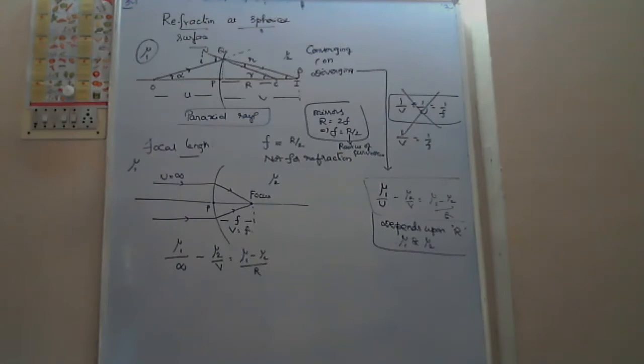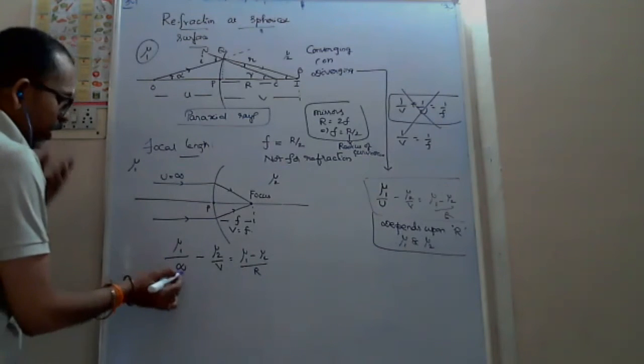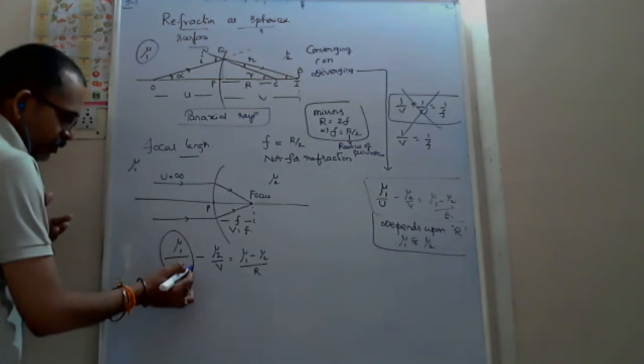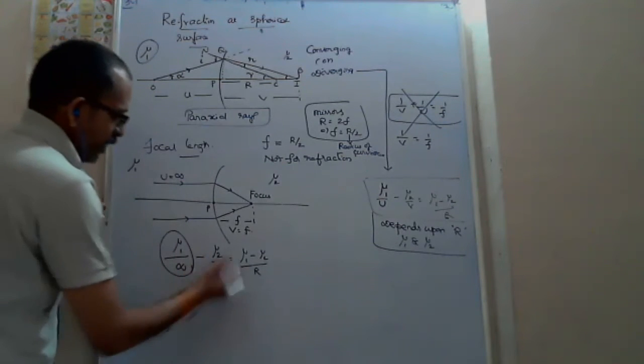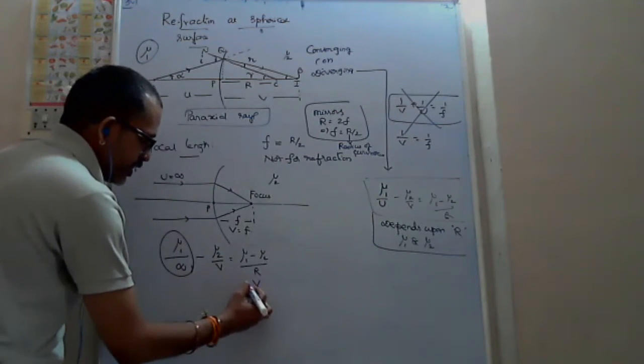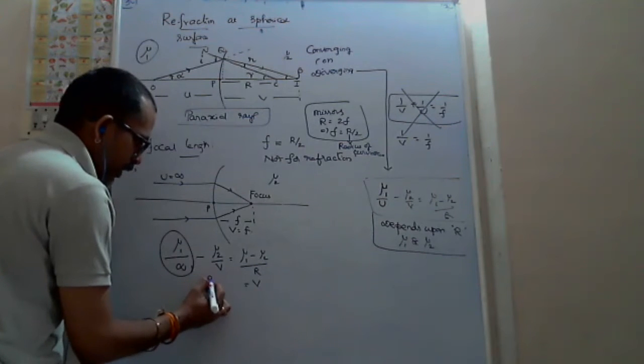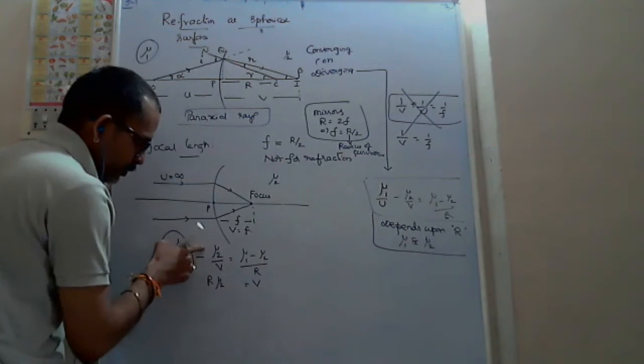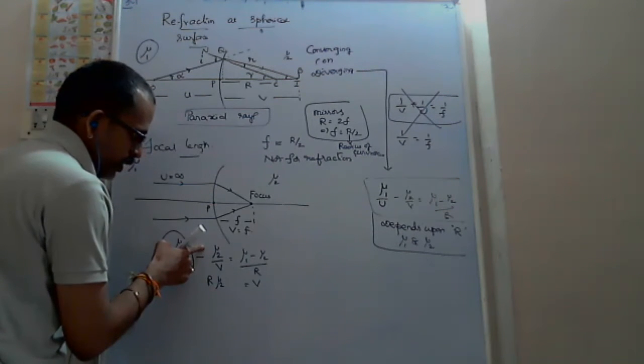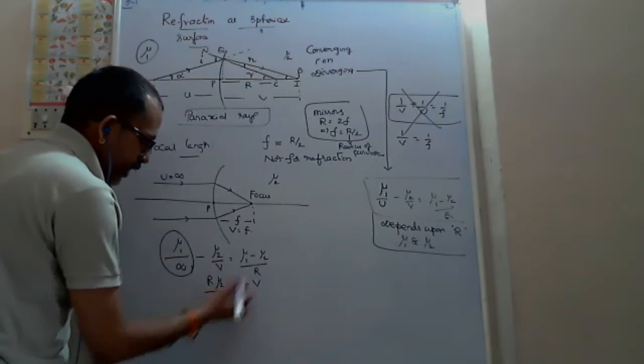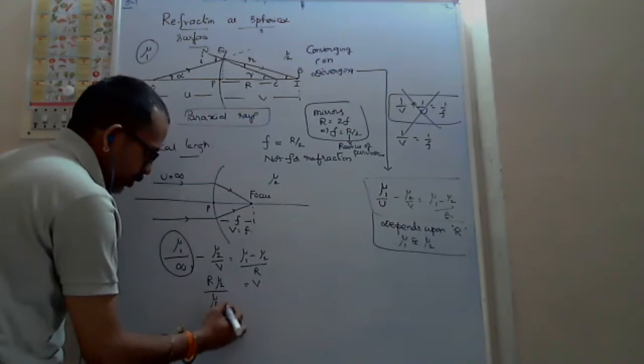This becomes 0. Then here can I write v equals to r into mu2, cross multiplication. So r into mu2 divided by mu2 minus mu1.